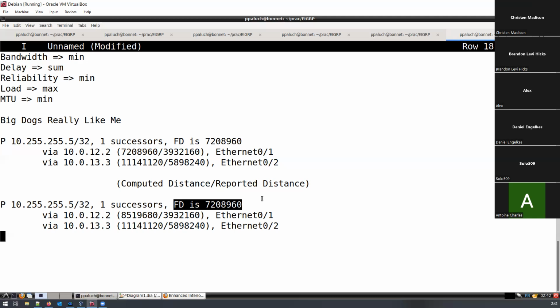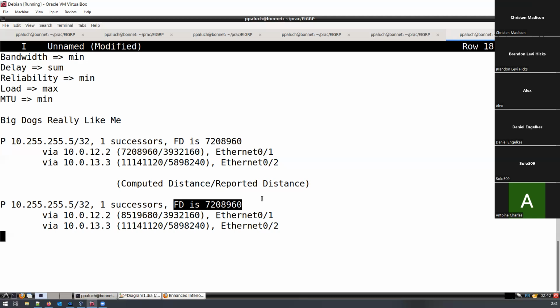EIGRP has one overarching goal. Never, ever create a routing loop. Never, ever use a neighbor that could, even for a short period of time, return packets back to me, either directly or through a detour.